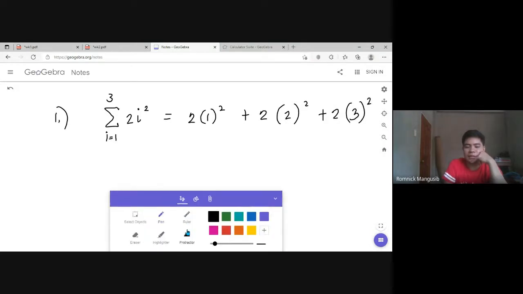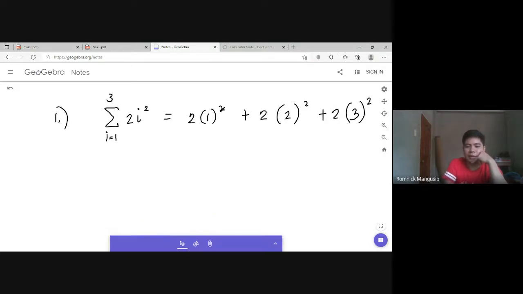At makikita nyo dito class na ang nagpabago-bago lang ay itong 1, naging 2, naging 3. Kasi yun ang utos nitong I na to. Palitan mo yan from 1 to 3. So instead of expanding that way, pwede mo na siyang i-separate na lang ang 2 and then square 1, square 2, square 3.